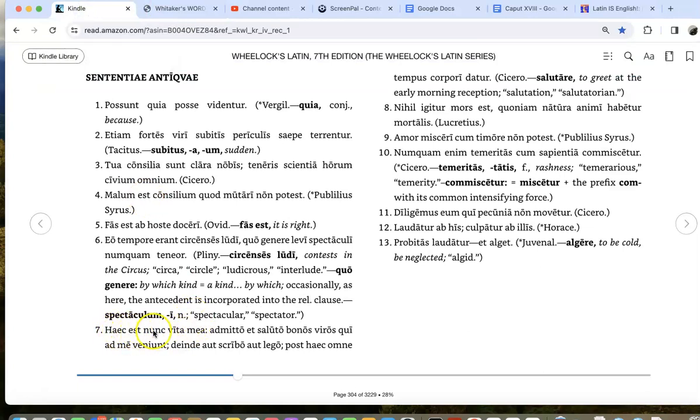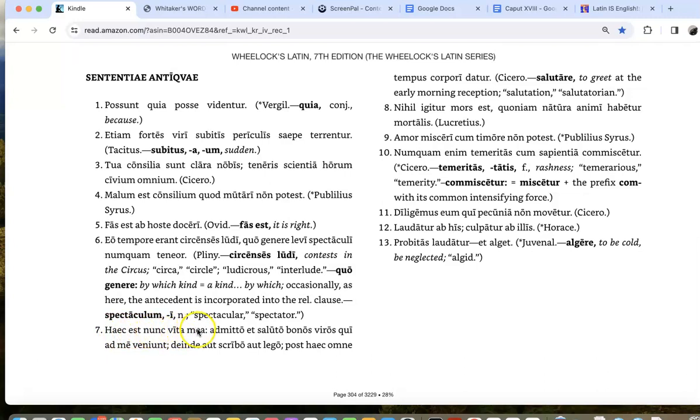This is now life my. I receive and greet good men who to me come. Then either I write or I read. After these or this, all time to body is being given.